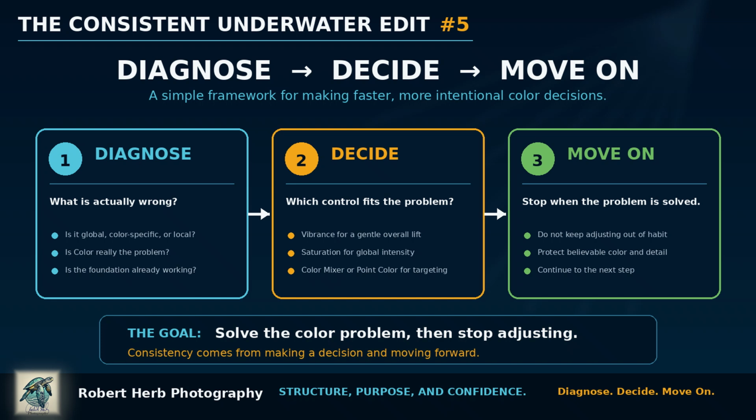Do not keep moving sliders just because they are available. The goal is to solve the color problem, preserve believable color and detail, and continue to the next step. That is how the workflow becomes faster and more consistent. Diagnose, decide, move on. Now let's look at one of the most important lessons to learn using the system.